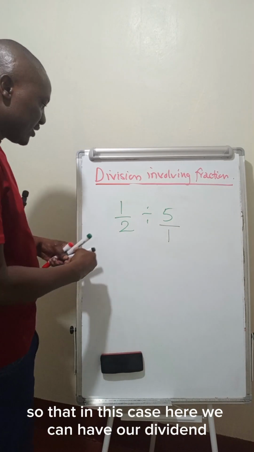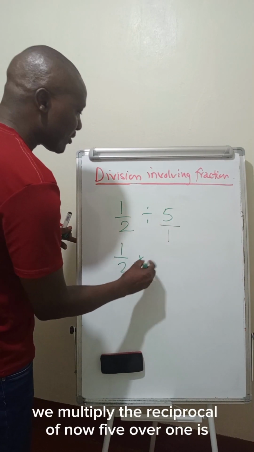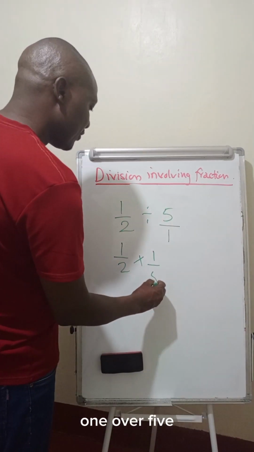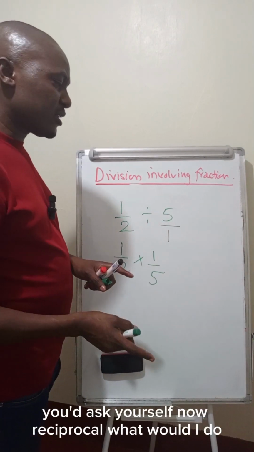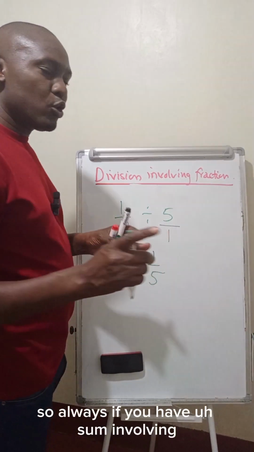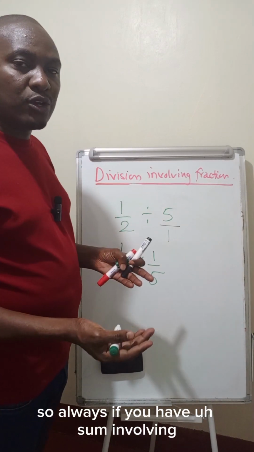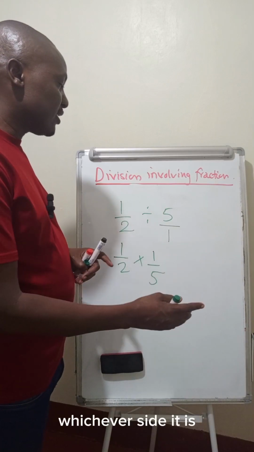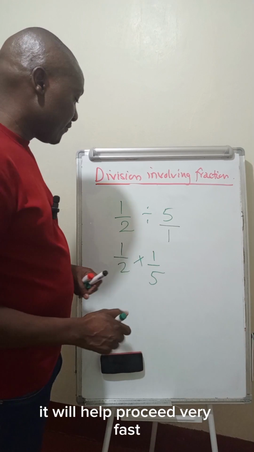So in this case, we have our dividend, we multiply by the reciprocal of 5/1, which is 1/5. If it is just 5 like that, you ask yourself, what will I do for the reciprocal? So always, if you have a sum involving division of whole numbers and fractions, whichever side it is, please just put it over 1. It will help you see it very fast.